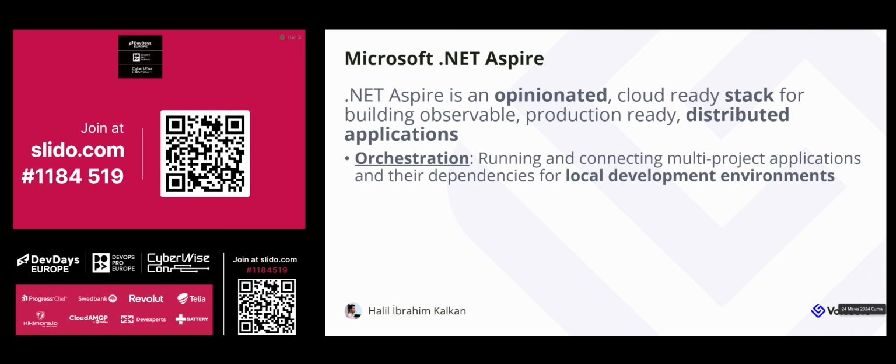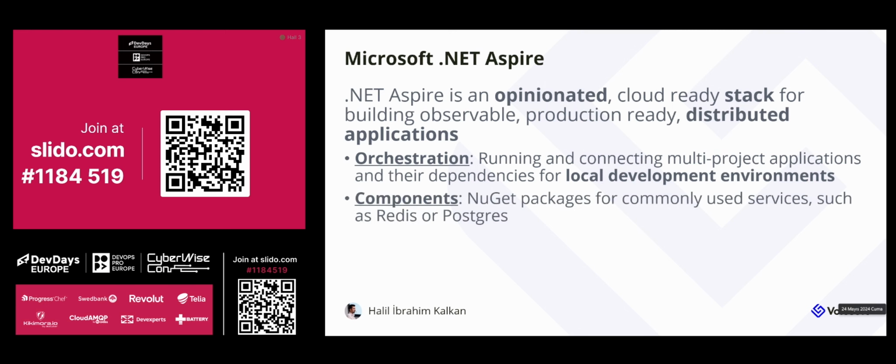The first one is orchestration. You set up all the dependencies of your projects, and then it can run the whole system in your local environment, and sometimes in Kubernetes or Docker Compose. The second part is the .NET Aspire components, like some NuGet packages.